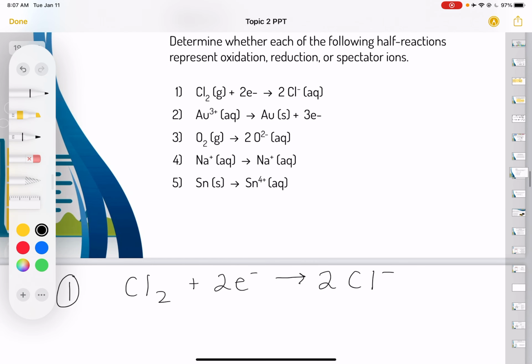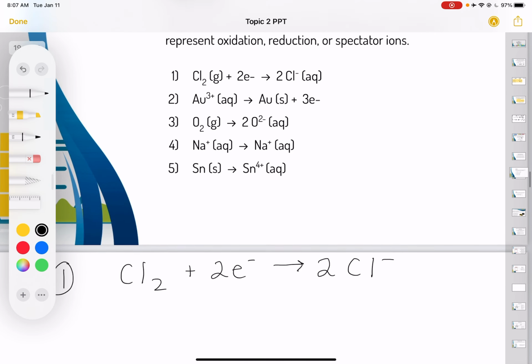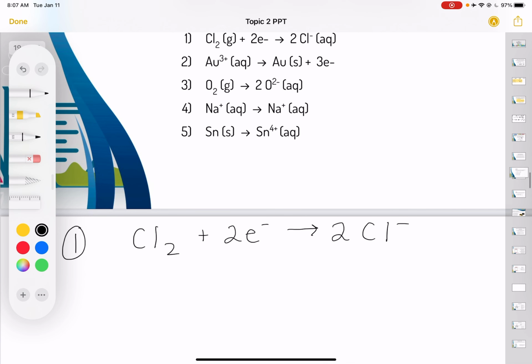Determine whether each represents oxidation, reduction, or spectator. Okay, so this one we probably don't even need to write anything down, but I'll write it out here anyway. So all we're deciding is whether it's gaining or losing electrons. We just did an example that showed us where the electrons are, but let's look at this.